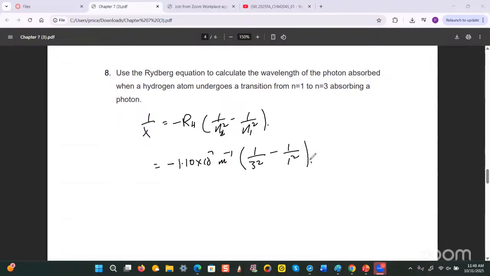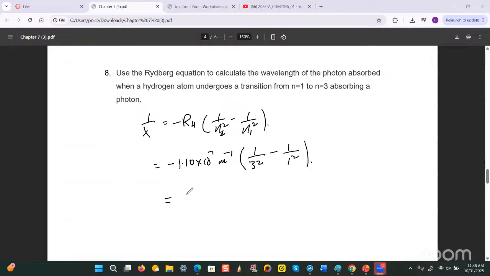So let's see what this gives. Okay, and then I multiply that by 1.10 times 10 to the 7, and put a negative sign. The negative sign becomes positive because this part here comes out to be a negative number.